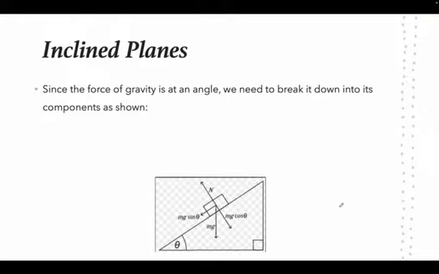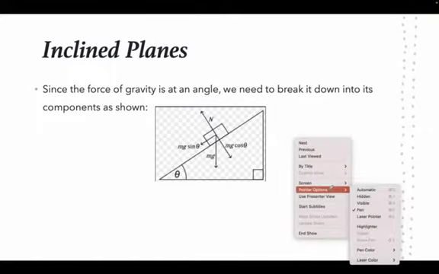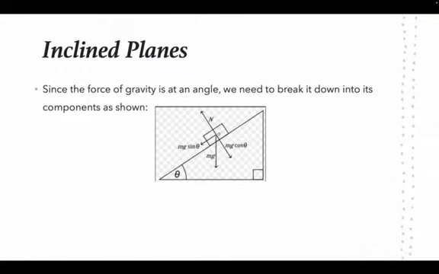So how do we break this down into its components? Well, like this. We have our force of gravity here, downwards, and we have an angle here, which is the same as this angle right here.